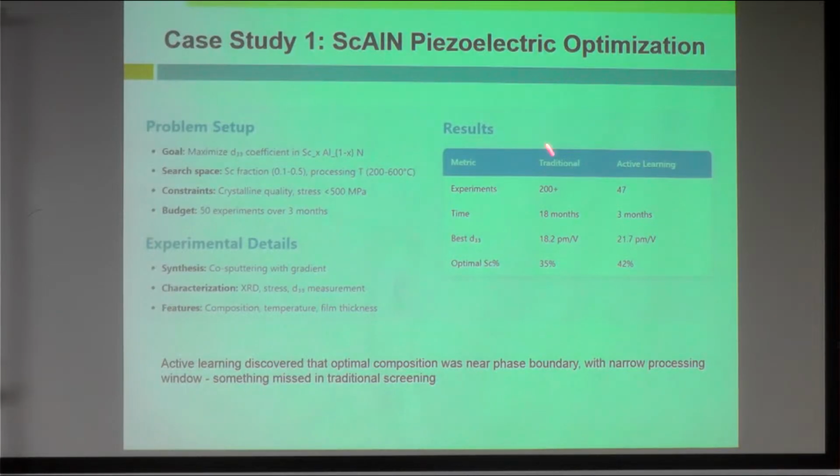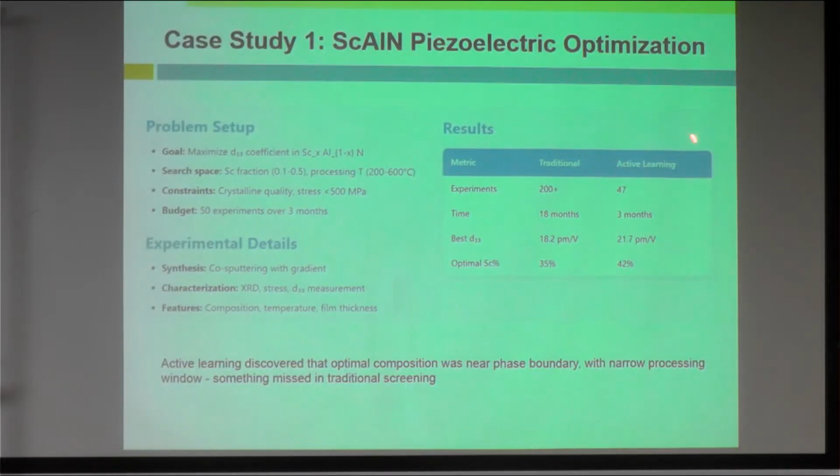So the result here, for example, for the number of experiments: in the traditional way it might be more than 200, but in active learning, 47 experiments might be sufficient. And for time, the traditional way might take 18 months, but here, as the number of experiments is smaller, it takes about 3 months of development. For the best D33 coefficient, the traditional way with the composition done might give 18.2.